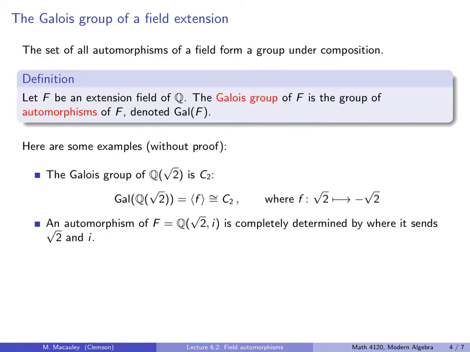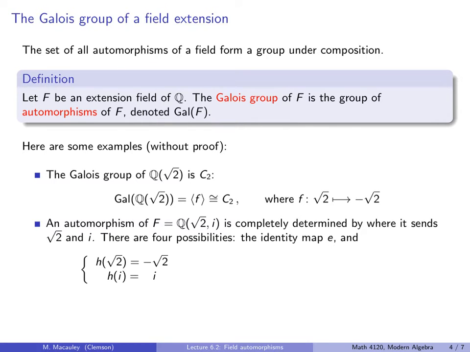Next, an automorphism of Q adjoined root 2 and i is completely determined by where it sends root 2 and i, respectively. There are four possibilities. There's, of course, the identity map e, let's call it. But also, there's the map that swaps the sign of root 2.